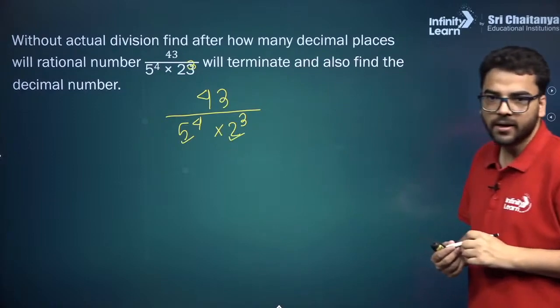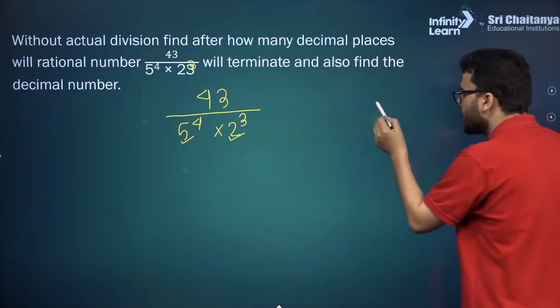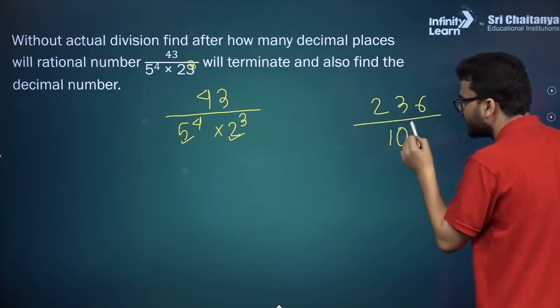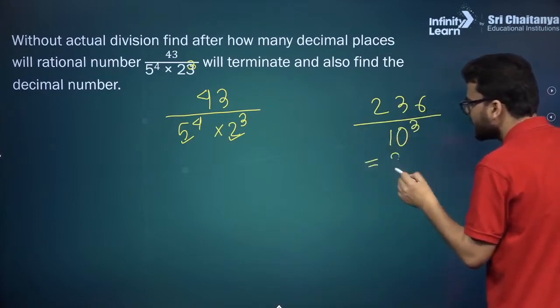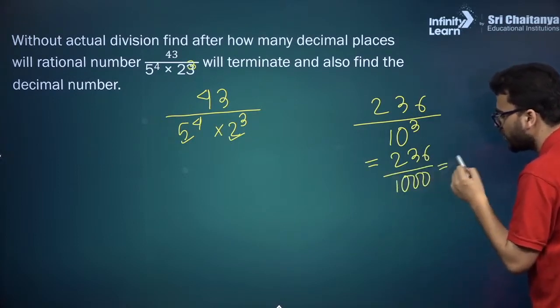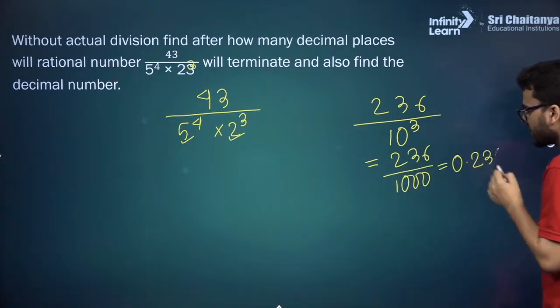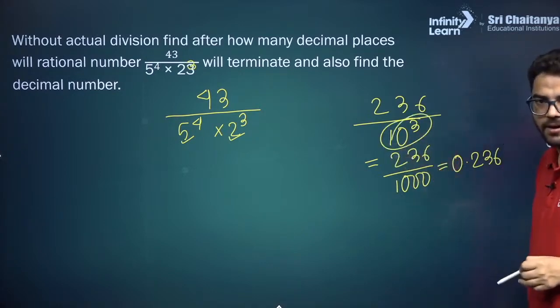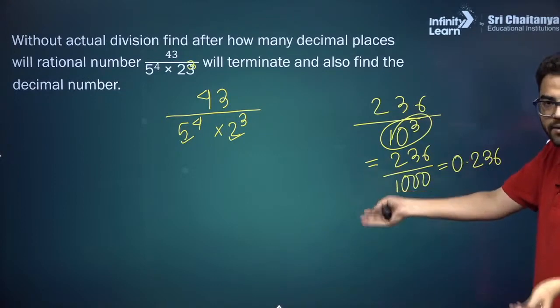For example, you have 236 divided by 10 raised to the power 3. It means 236 divided by 1000. You have been doing this since childhood, so it will be 0.236. If there is some power of 10 in the denominator, you can easily divide it.